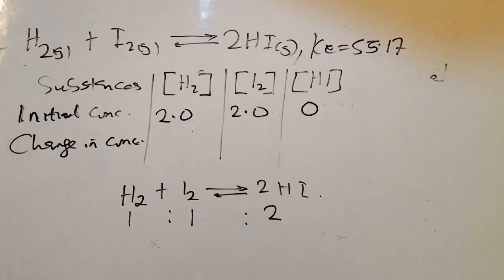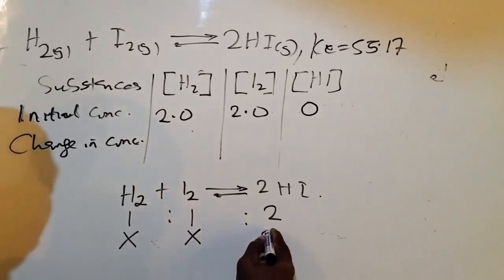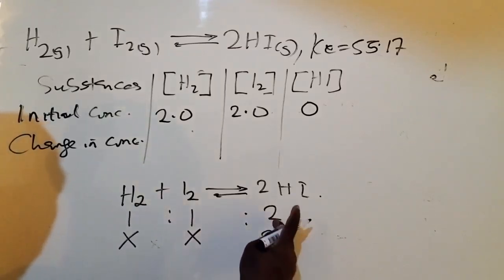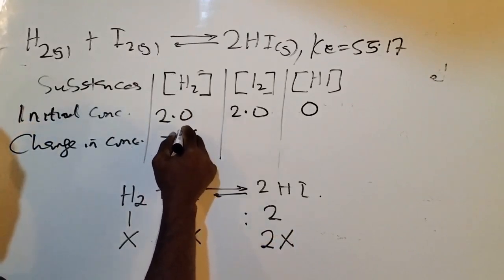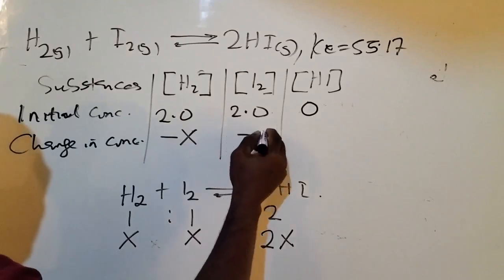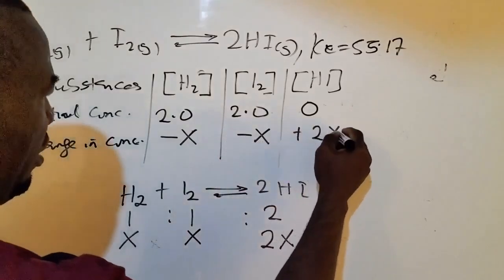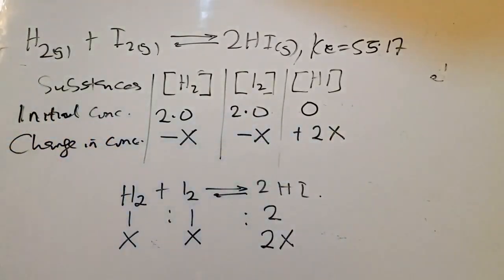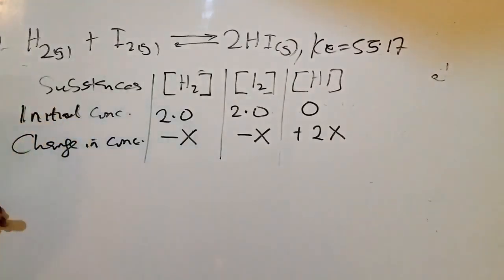So assuming that S moles of hydrogen reacted, S moles of iodine will also react because the ratio is 1:1, and 2S moles of hydrogen iodide will be produced. That is 2 times S. So change in concentration is minus S for hydrogen, minus S for iodine, the reactants, and then plus 2S for hydrogen iodide being produced.